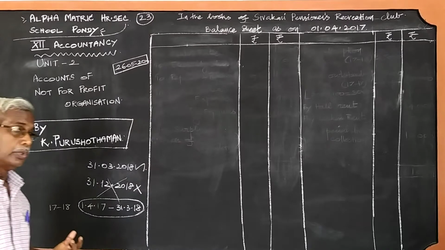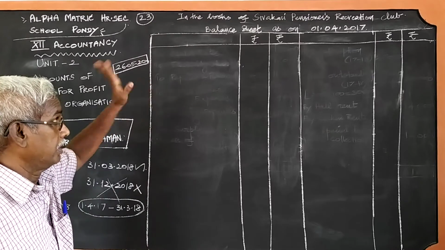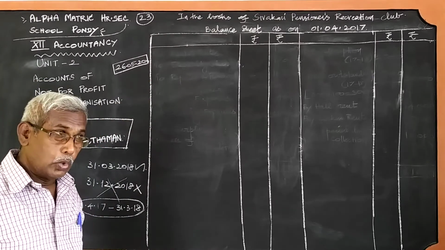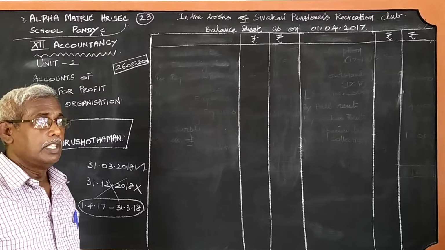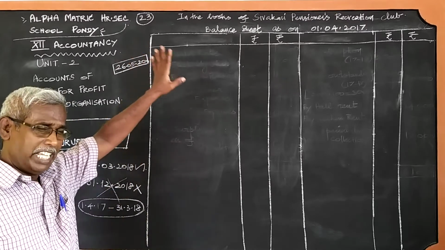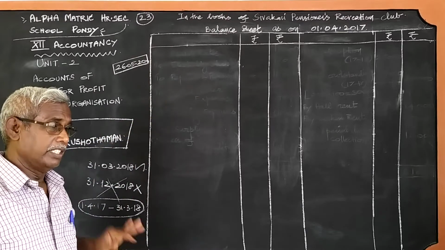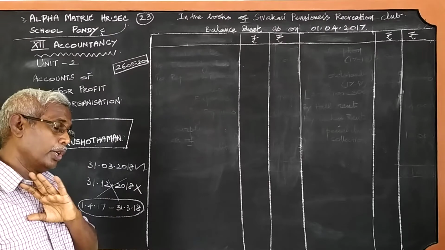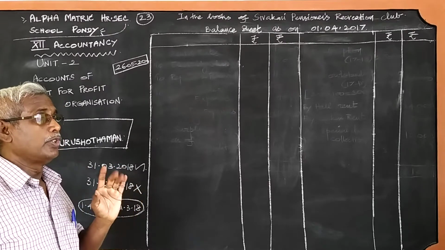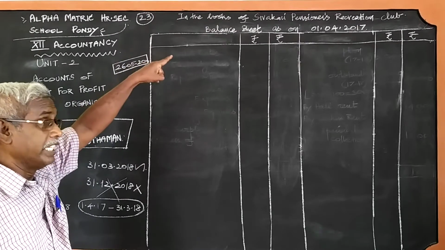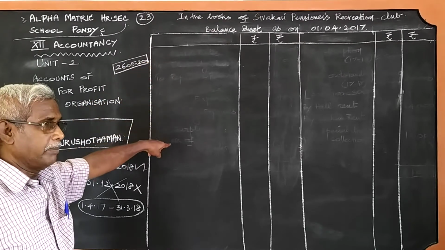Now what we are going to do on this blackboard. See, no opening capital is given. So far we have prepared only income and expenditure account and the balance sheet. But in this problem, since there is no opening capital, we should prepare balance sheet at the beginning of the year to find the opening capital.